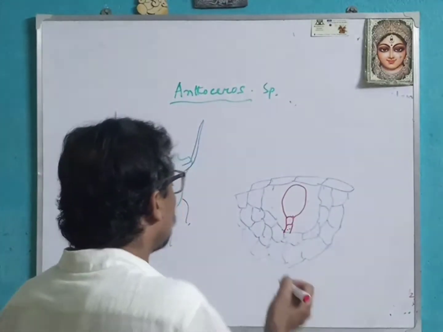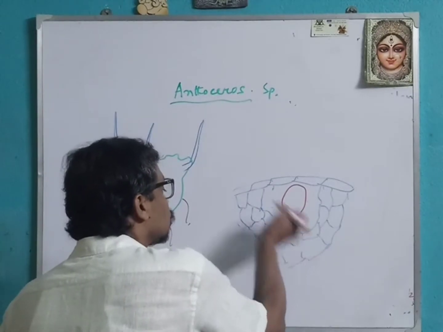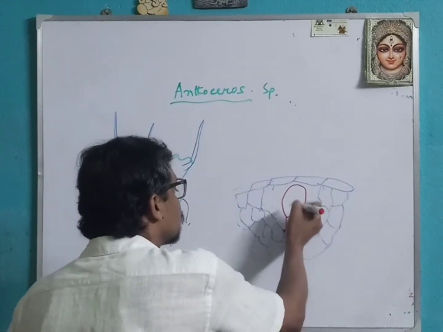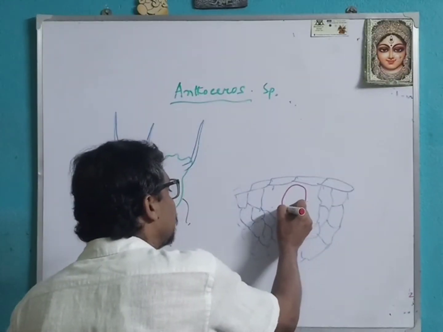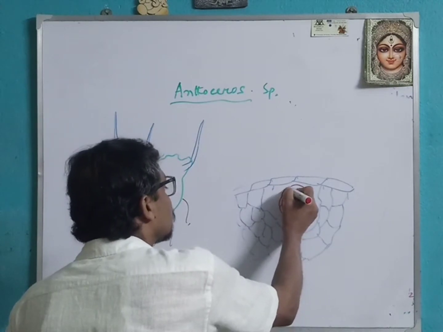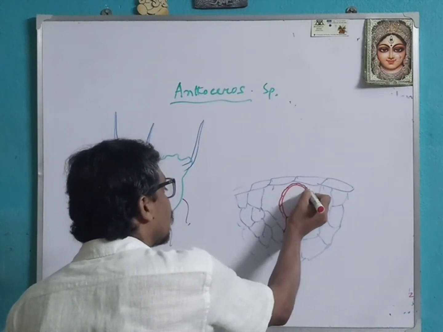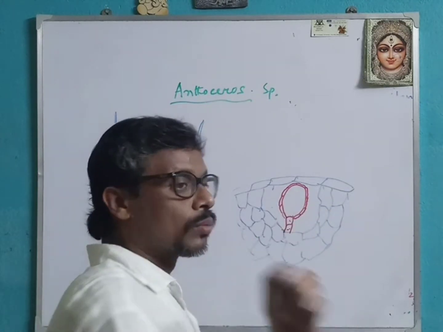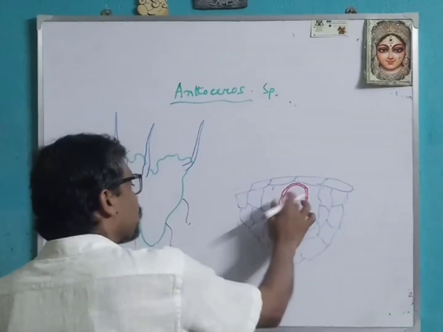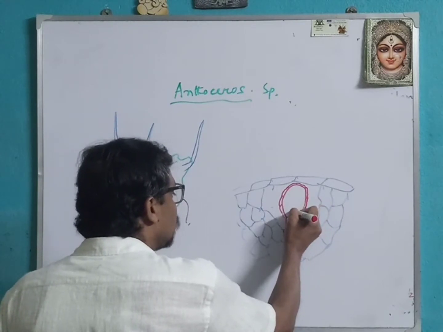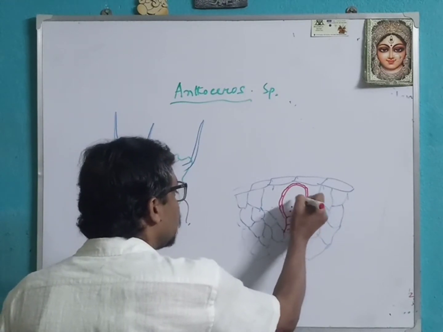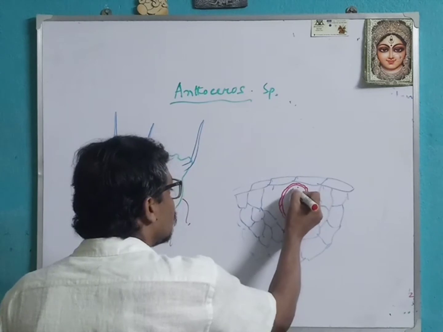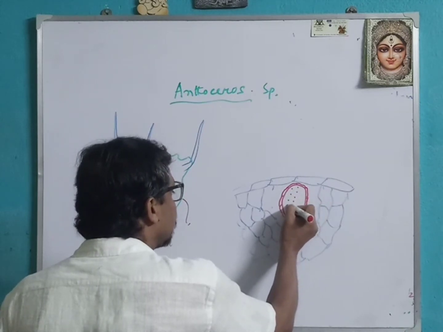Amongst them, 2 of the lower cells give rise to the stalk, and the rest of the cells divide in several directions. Some of the cells give rise to the jacket of the antheridium, and a central cell remains, which starts to divide and redivide to give rise to a number of nuclei. Random division takes place.